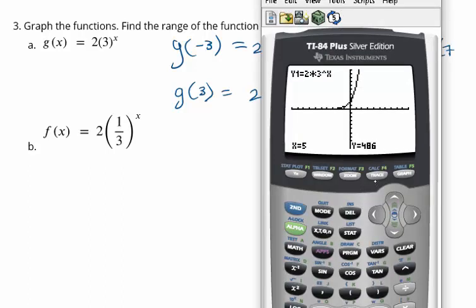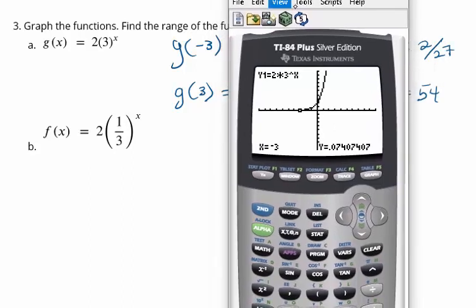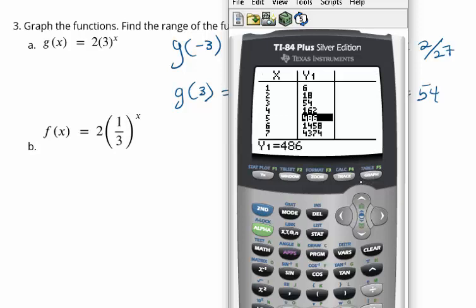On the calculator, if I've already graphed the function, I can hit the trace button and just type -3 and hit enter. Okay, and that's about 0.074, which hopefully corresponds with the 2/27. Then hit 3 and enter, and that gives me that 54. Another option is to look at the table.